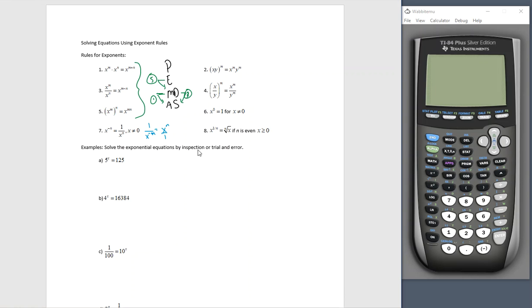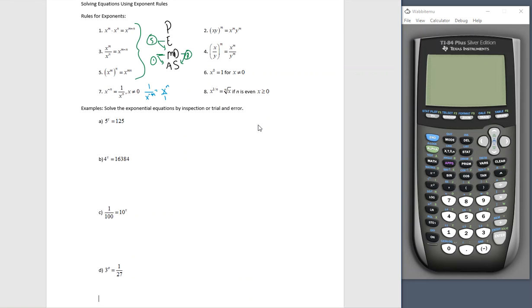We're going to solve the exponential equations by inspection or trial and error. So this uses a one-to-one property, and I'm going to write it over here since for some reason I didn't have it typed in. You know what? We could type it in right here, and I'm going to do so while I'm recording.